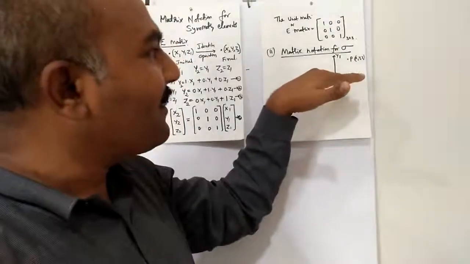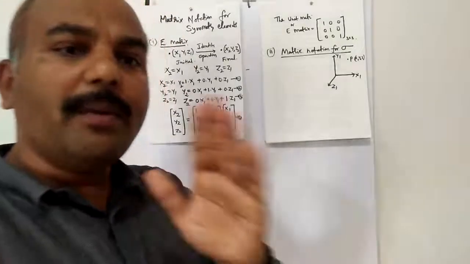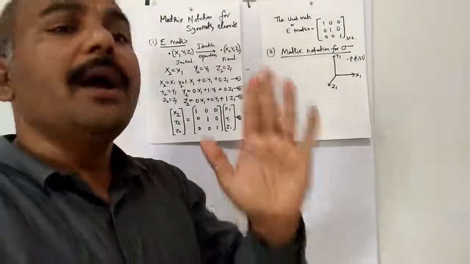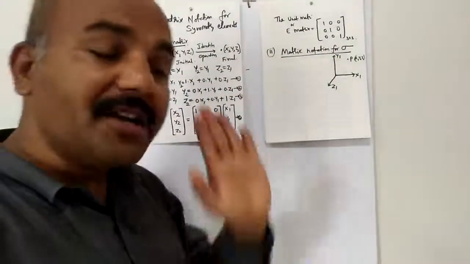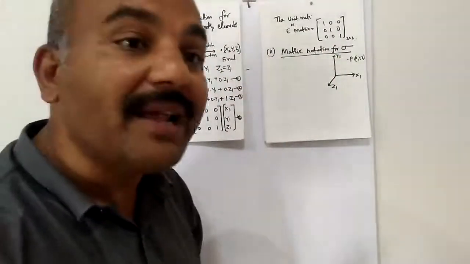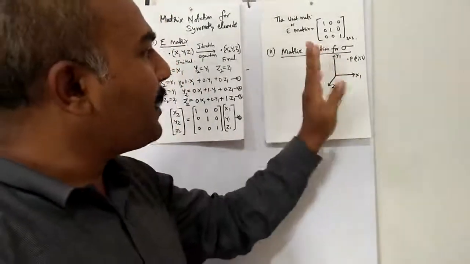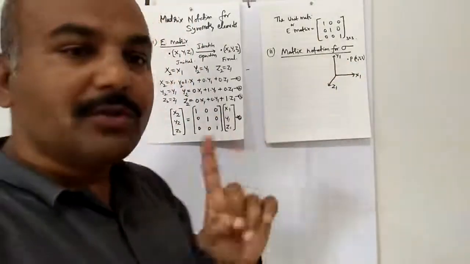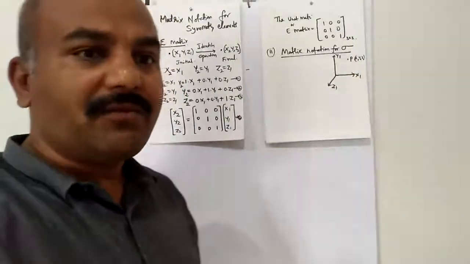Similarly, the sigma zx plane is collinear with the zx plane of the Cartesian coordinates. You have to take one reflection plane, and it must be collinear with one of the Cartesian planes: either the xy plane, the yz plane, or the zx plane. Now I will choose only one. Based on that, we can derive the matrix notation for the other two.